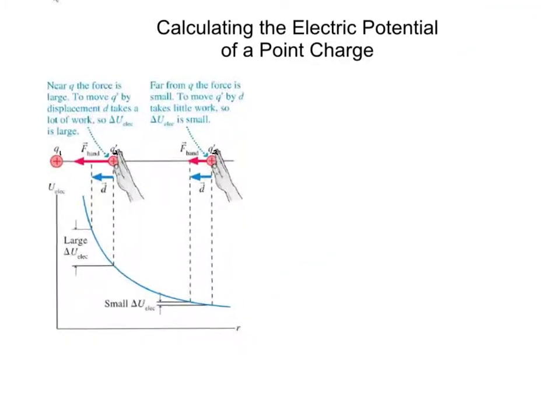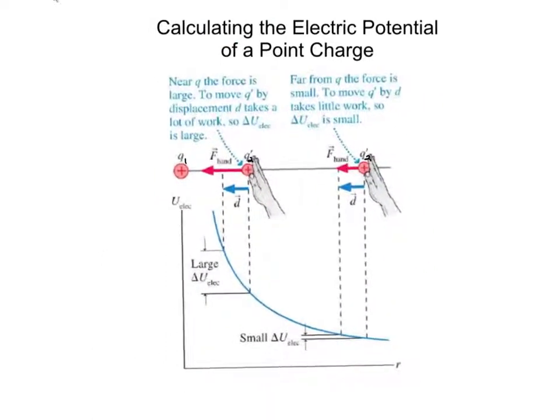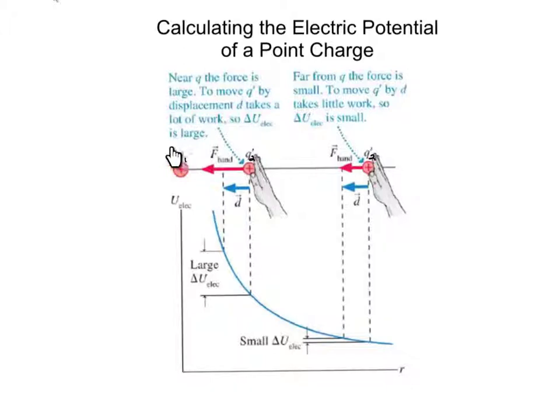Okay, so the figure here shows Q2 at two different distances from fixed charge Q1. When Q2 is far away, the force on it is small, so the work done on it is small, and the change in potential energy is small as well. This implies that the graph of the potential energy versus r is fairly flat when Q2 is far away from Q1.